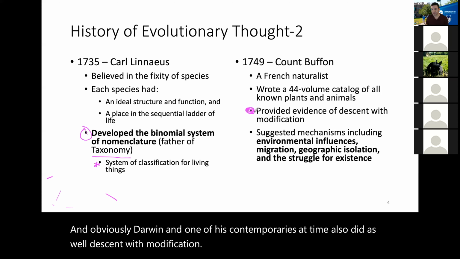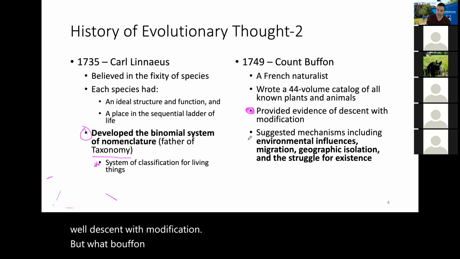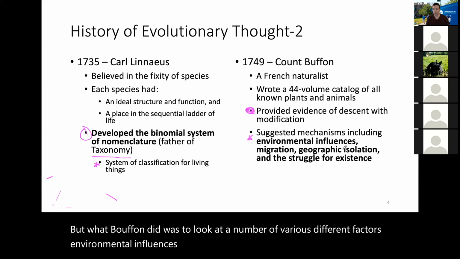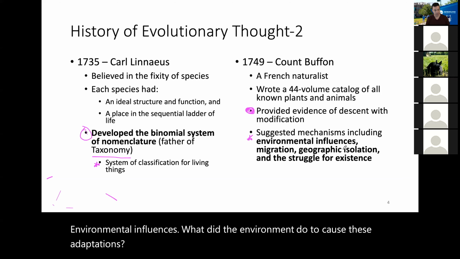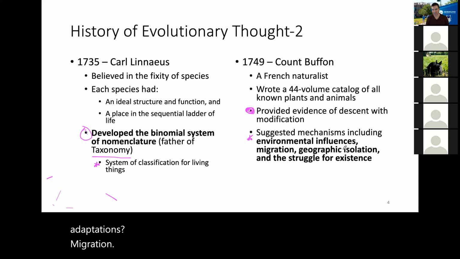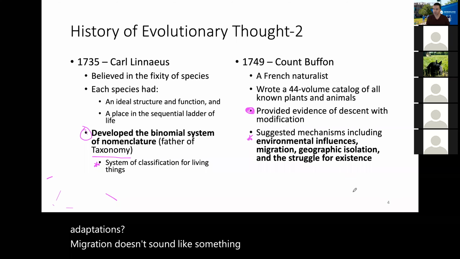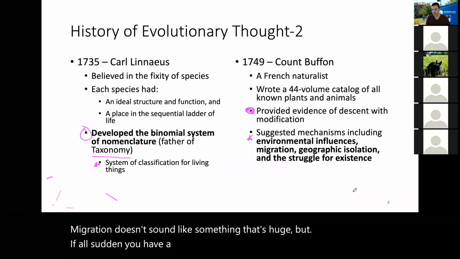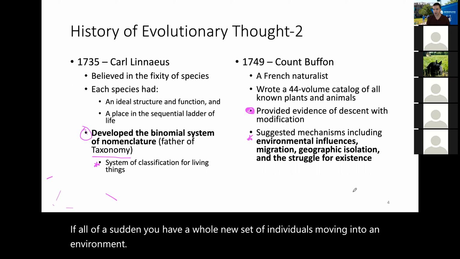But what Buffon did was to look at a number of various different factors. Environmental influences. What did the environment do to cause these adaptations? Migration. Migration doesn't sound like something that's huge, but if all of a sudden you have a whole new set of individuals moving into an environment, what do those individuals carry?